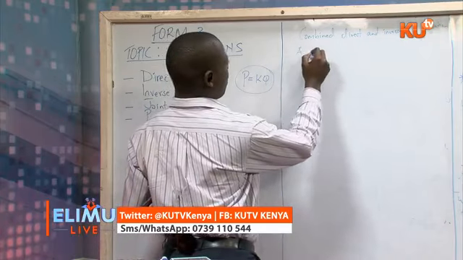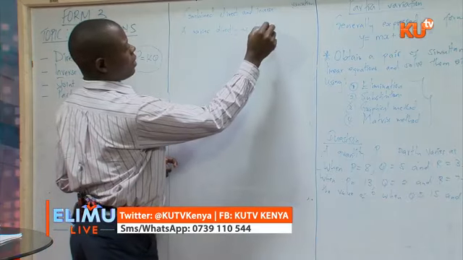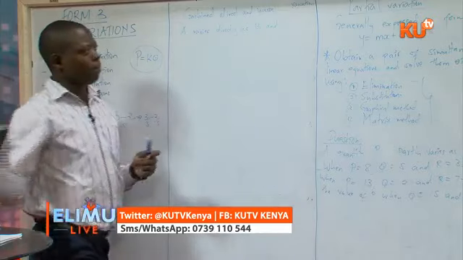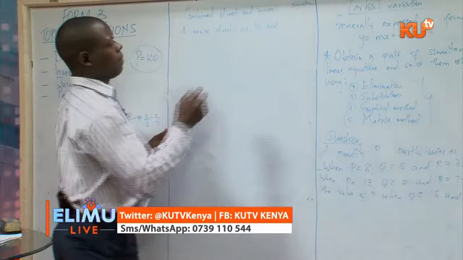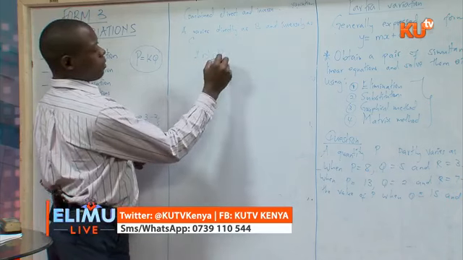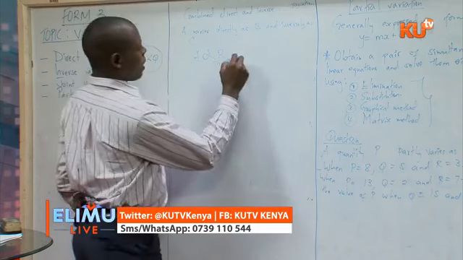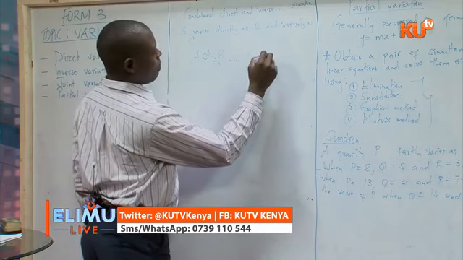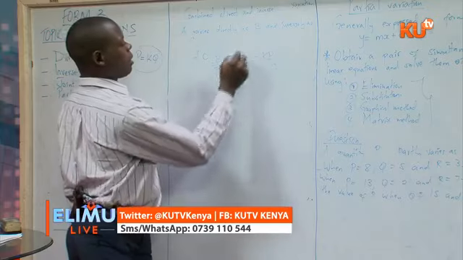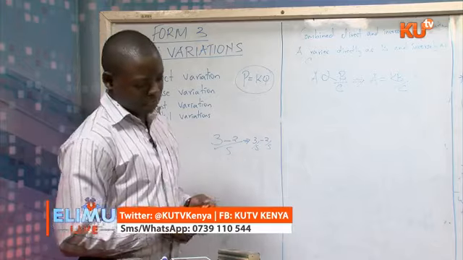For example, if A varies directly as B and inversely as C, then we write A varying directly as B, and for inverse we use the reciprocal over C. We eliminate the alpha, and so this implies A equals KB over C. This becomes the equation that you use to determine the value for K and the value for A if there is need for that.